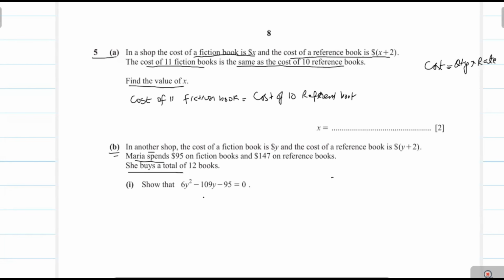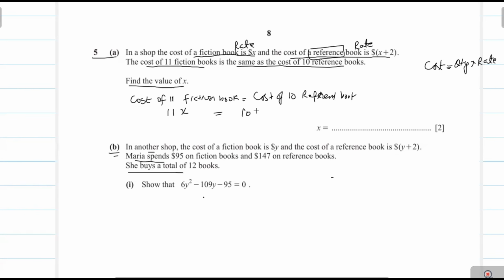You see here, the one fiction book cost is $X. This is the rate. And when we multiply 11 by X, we get the cost of 11 fiction books. Next, this is the rate of the reference book. When we multiply the rate by quantity, the total number of books here is 10.